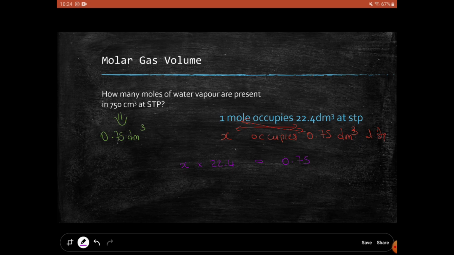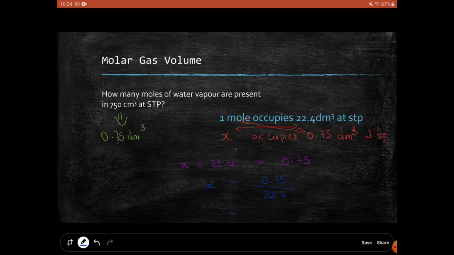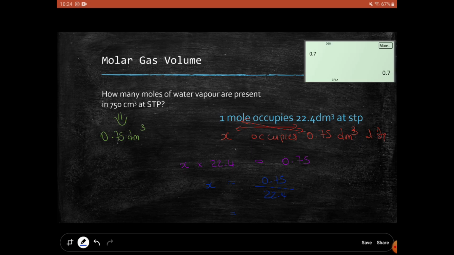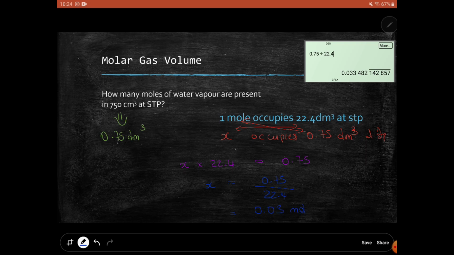We'll solve for x by dividing both sides by 22.4, and that would give us x is equal to 0.75 divided by 22.4. We would input that in our calculators, and our answer would be 0.03 moles. Remember, we're finding moles in this case, so our unit must be moles.